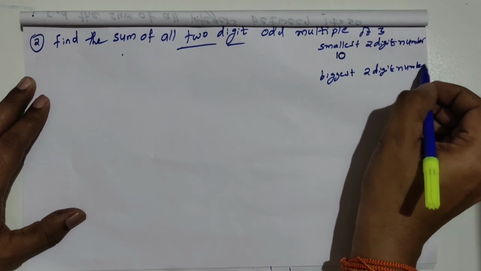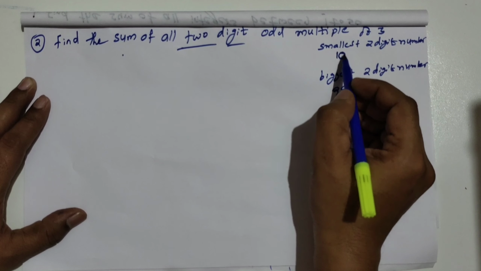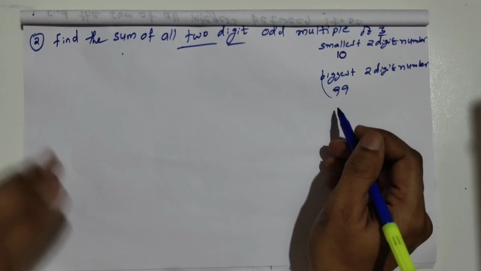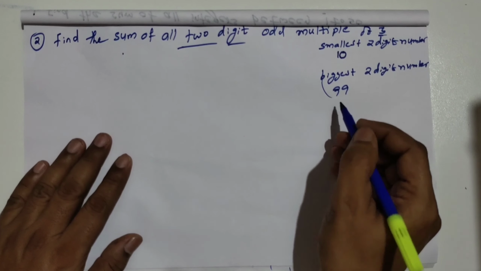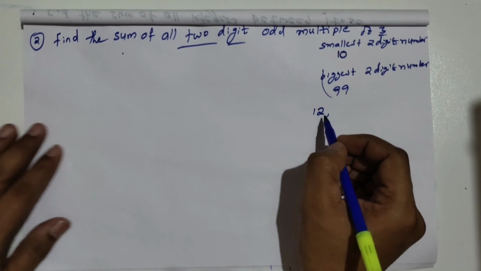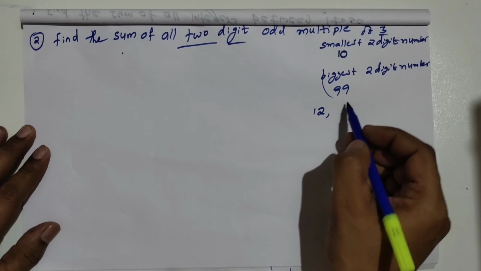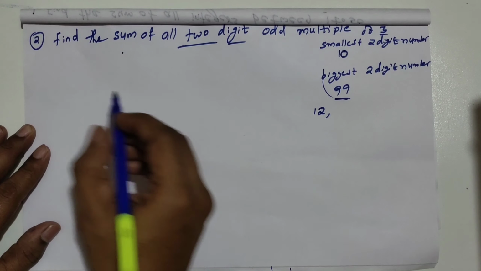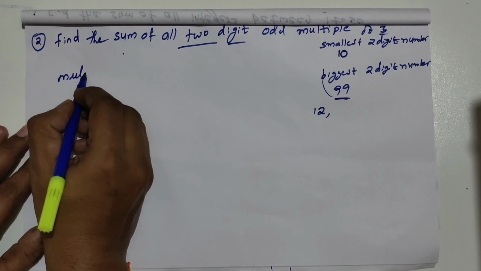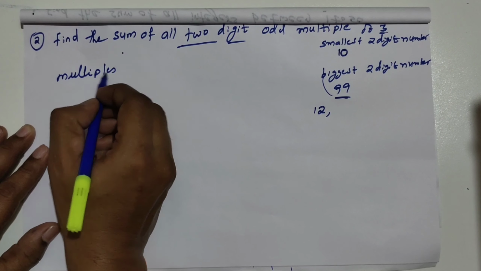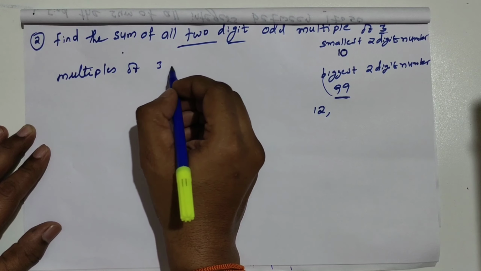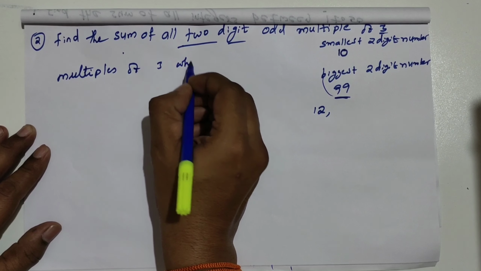In between we have to write the multiples of 3, the numbers divisible by 3. So after 10 we get automatically 12, and we can write down all the multiples up to 99. So here the multiples of 3 which are 2-digit.